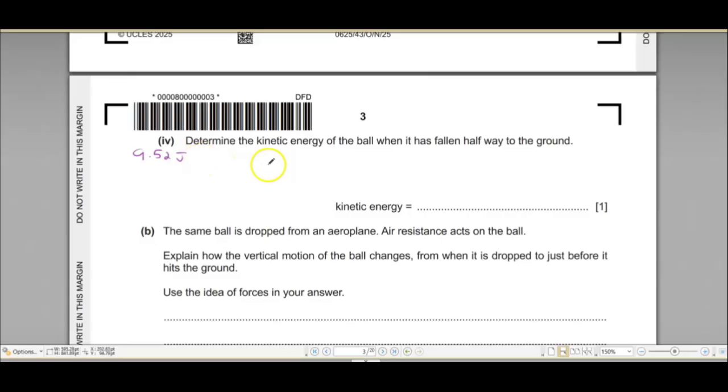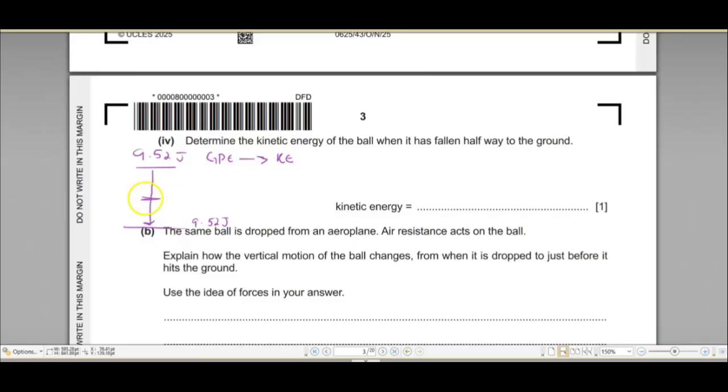One form of energy is converted into another form. So over here, gravitational potential energy will be converted into kinetic energy. So the total gravitational potential energy is 9.52, so when it reaches the ground, the total kinetic energy, ideally speaking, would be 9.52 joules.